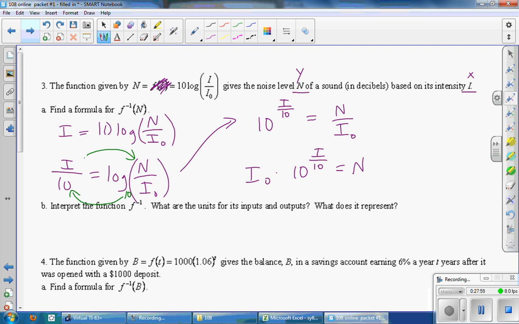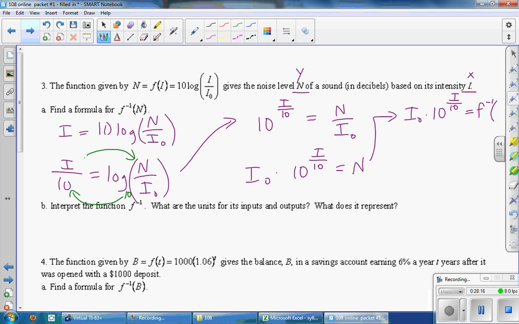Let's use good notation. I want f inverse of n, so we'll just change this guy to f inverse of n. So I naught times 10 to the I over 10. At the moment it's actually f inverse of I, and I like the way I phrased the question now that I've thought about it a little bit more.